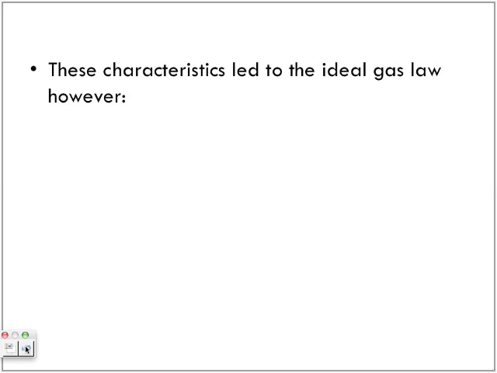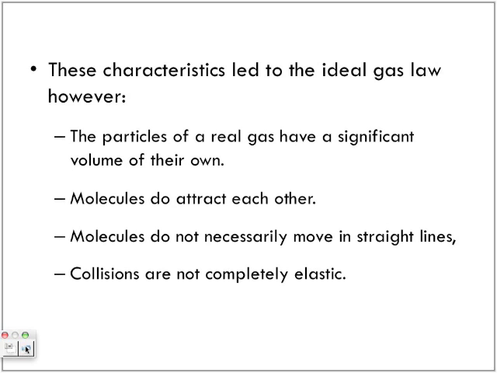Now, these characteristics led to the ideal gas law. The only thing is, the following actually happens. Particles of a real gas have a significant volume of their own. Molecules actually do attract one another. There is a force of attraction between gas molecules, even though we think that there isn't. Molecules do not necessarily move in a straight line.